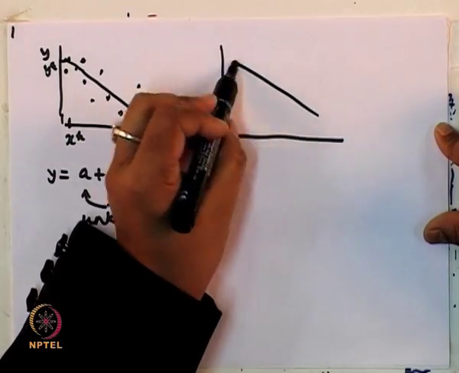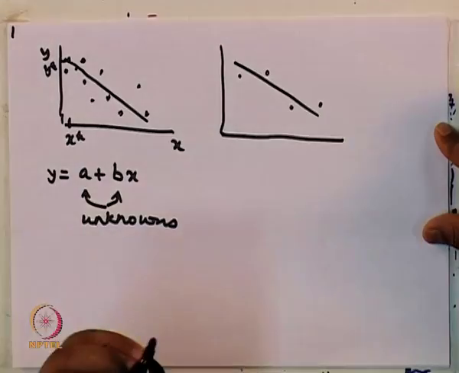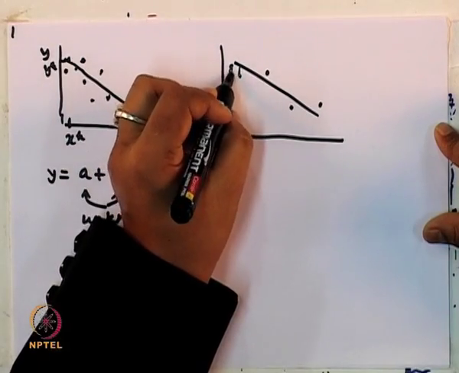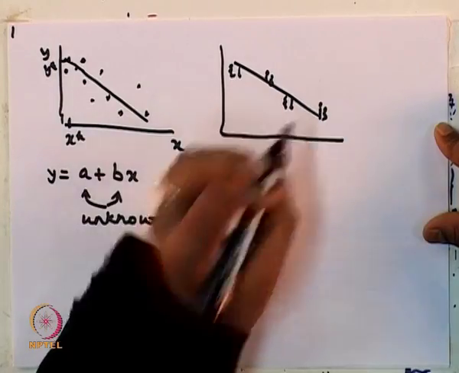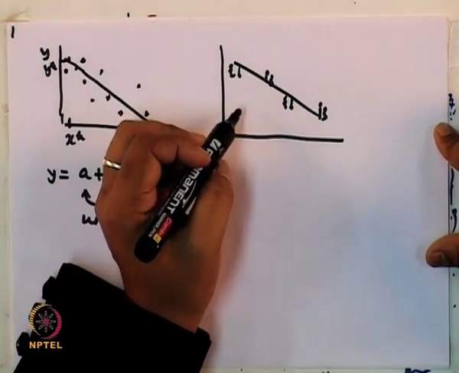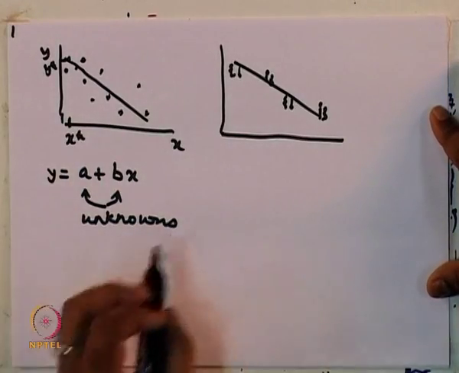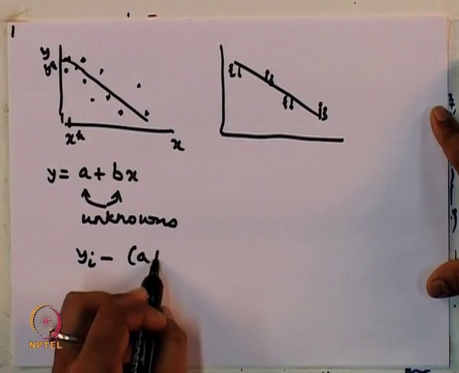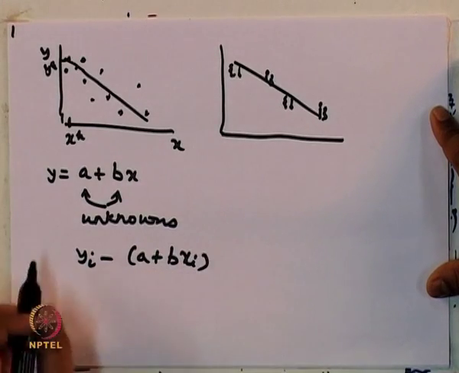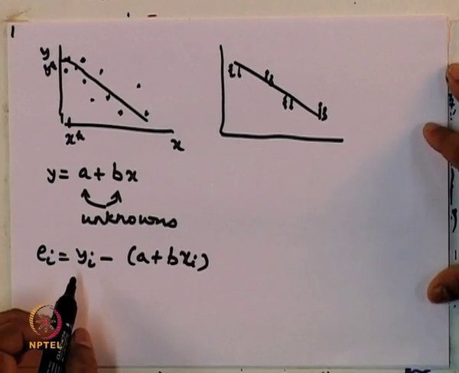If this is the line that I am drawing and these are our points, I minimize the sum of the deviations from this line. Okay. The deviations are simply y minus (a plus bxi), so ei is equal to yi minus (a plus bxi).